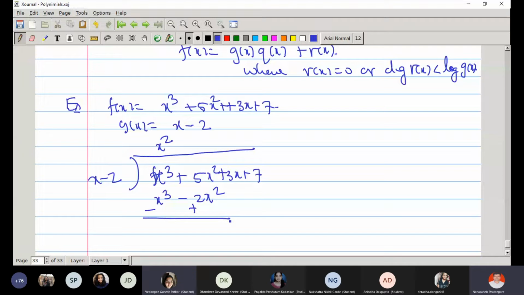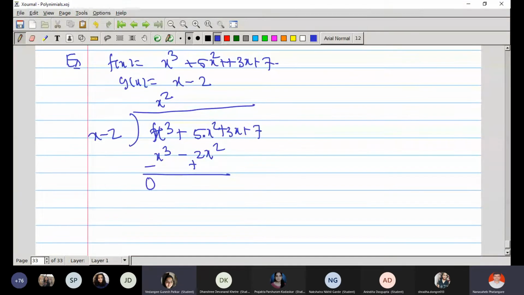What is the next quotient term? 7x. 7x square minus 14x, correct? You check the sign calculations, what we get at the end.